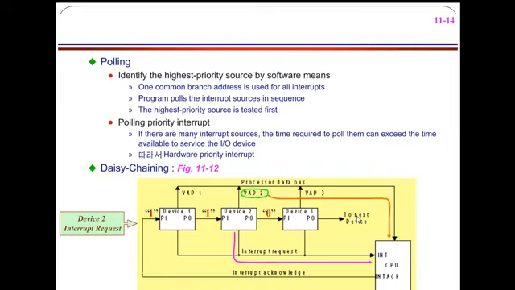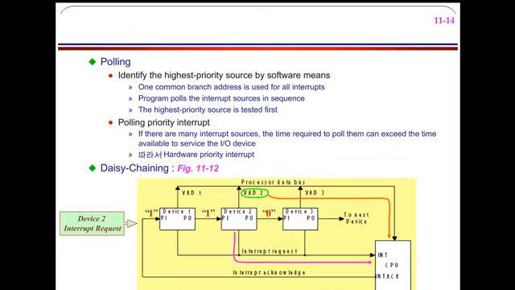If anyone wants a service, the device will first request the processor that it wants service. Based upon whether the CPU is free or not, it acknowledges to the device that yes, now I am free, I will provide the service.